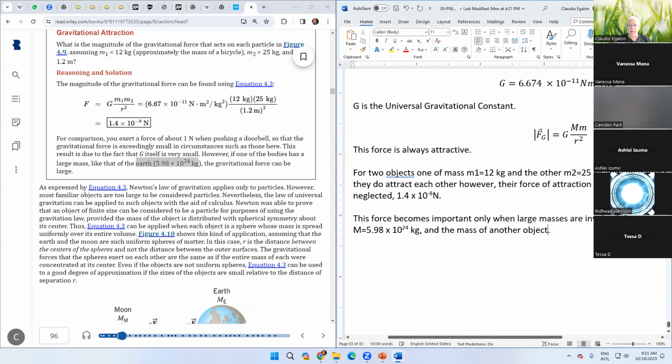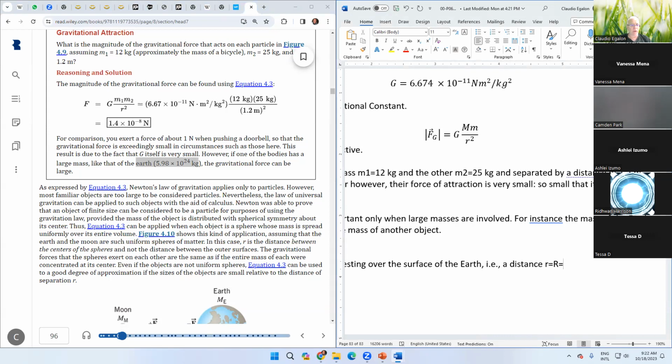So let's do the calculation. Here you go, another example. An object of mass equal to 15 kilograms is resting on the surface of the Earth, a distance R equal to the radius of the Earth.